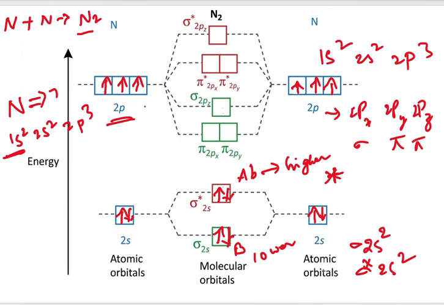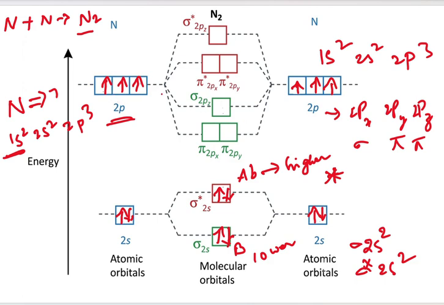Hence, when the 2p orbitals of one nitrogen atom combine with the 2p orbitals of another nitrogen atom, the molecular orbitals are pi 2px, pi 2py, and sigma 2pz. If 2pz forms the sigma bond, the rest will form pi bonds. Or if 2px forms sigma, the rest, 2py and 2pz, will form pi bonds. So you can take any direction.